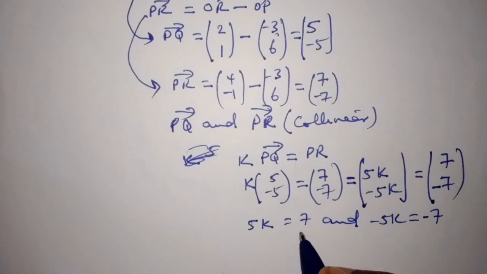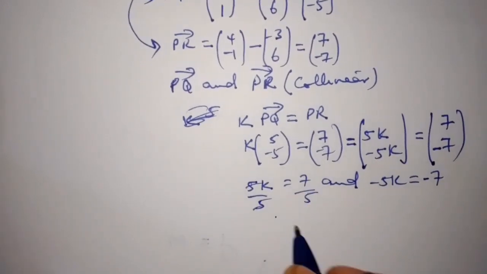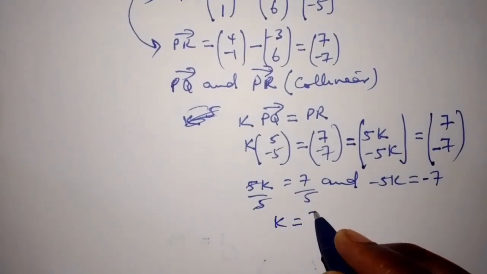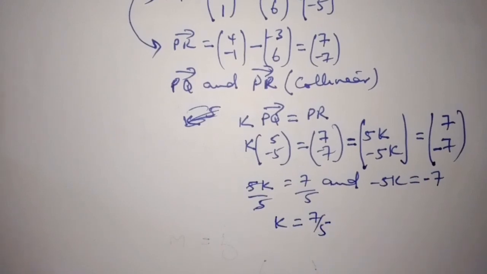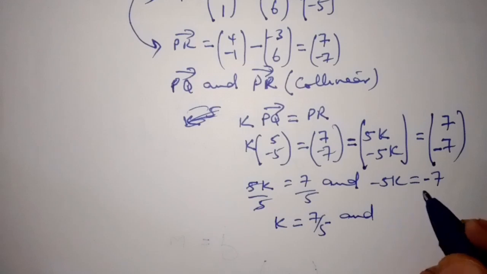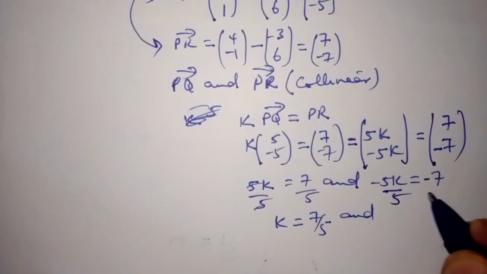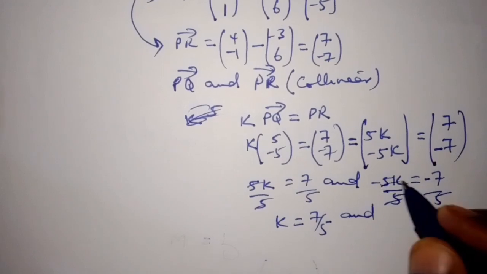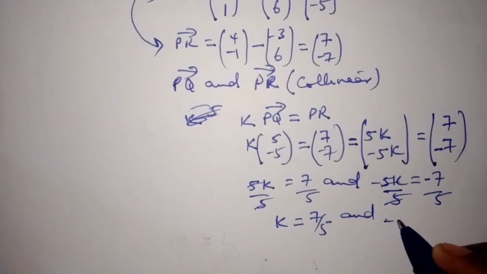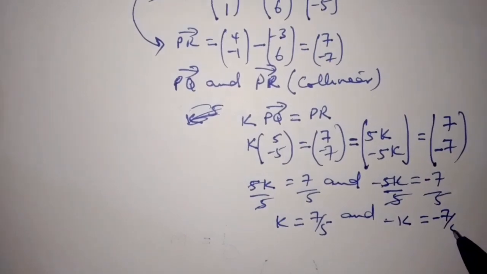We can divide here by 5. K is equal to 7 over 5, and we can also divide here by 5. -K is equal to -7 over 5.